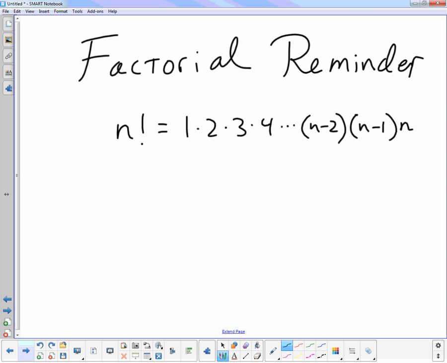1 times 2 times 3 times 4 times, all the way on up to n. This is by definition.